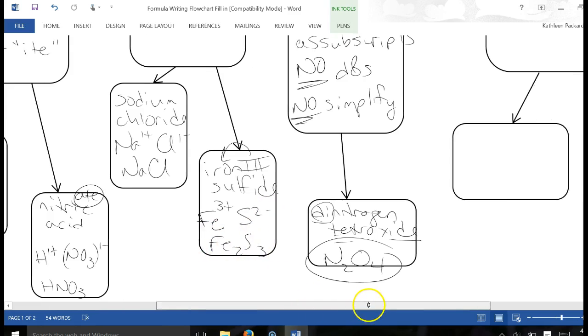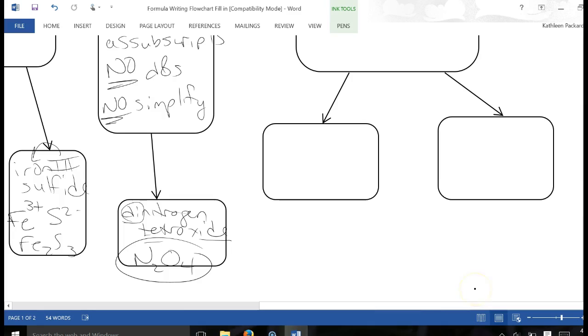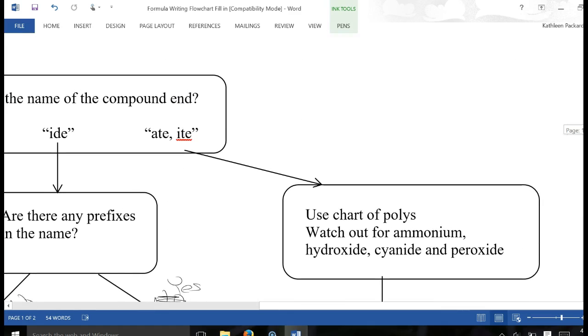Fe2S3. Okay. The last group we're going to deal with are the ones that end in ATE or ITE. And you're going to use the chart of the polys on the back of the periodic table. But you want to watch out for ammonium. People have a tendency to miss that one, and people also get confused by hydroxide, cyanide, and peroxide. These guys are actually on the back.